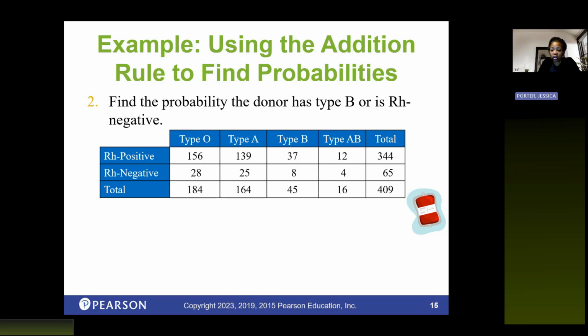What did you add and subtract? I added together the 184 and 164 donors who had type O and A blood before dividing it by the total of 409 donors to get 0.85085, which approximates to 0.8509, which when put into percentages is 85.09%.